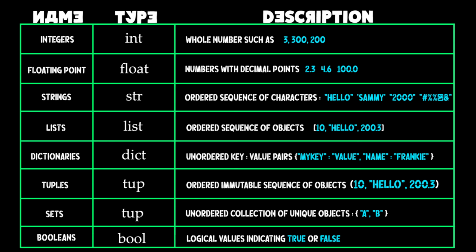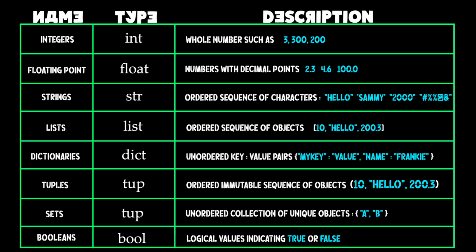An example could be if we are willing to store the name, age and address of someone. In the key we'll write name and then the name of the person in the value part, and then age in the key and the age itself in the value part. So this is a little example of a dictionary.